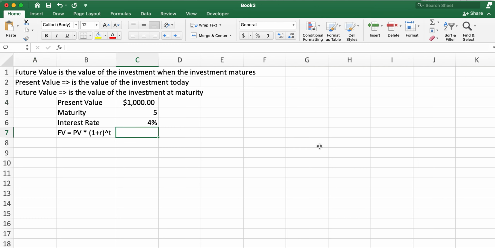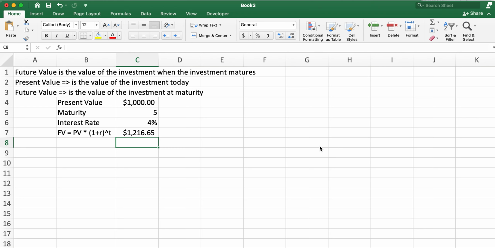So let's go ahead and calculate our return. We're going to say 1,000 times 1 plus our interest rate to our time. Voila. After 5 years of investing at 4%, we'll end up with a value of $1,216.65.